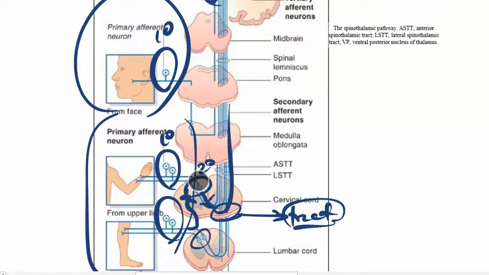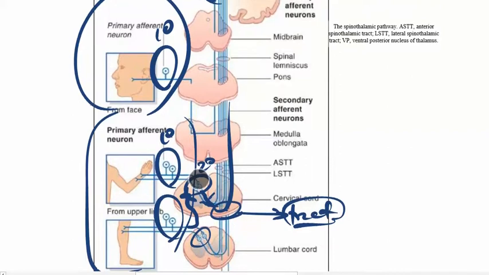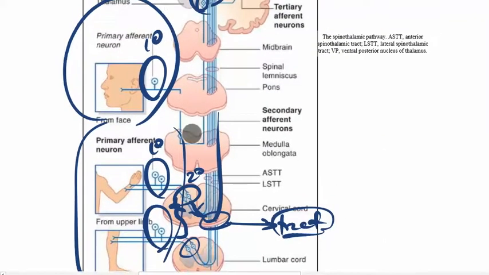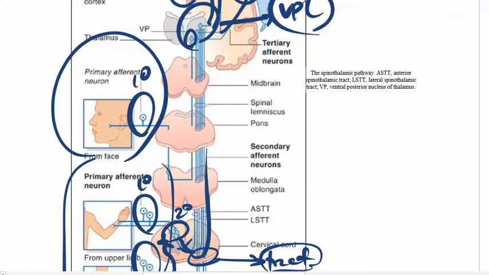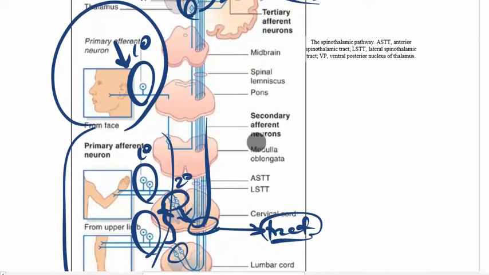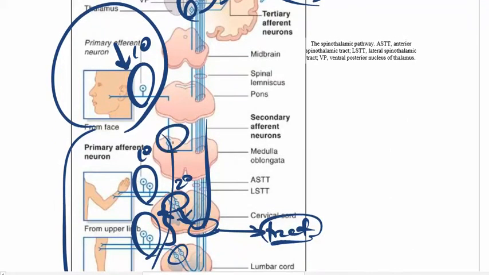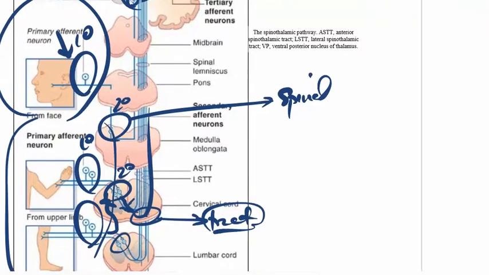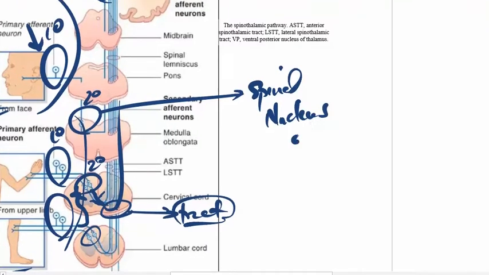Let's see, where did I put this? Okay, so this primary neuron is going to be located in the trigeminal ganglion, right? And then the secondary neuron is going to be located in the spinal nucleus of cranial nerve 5.